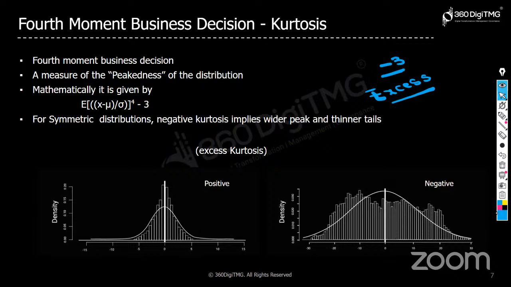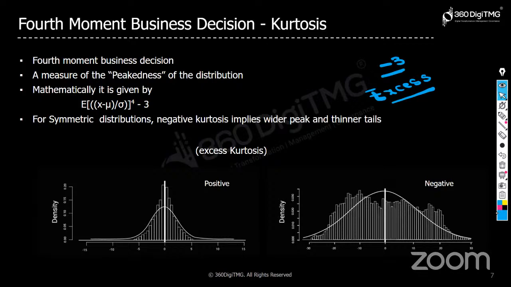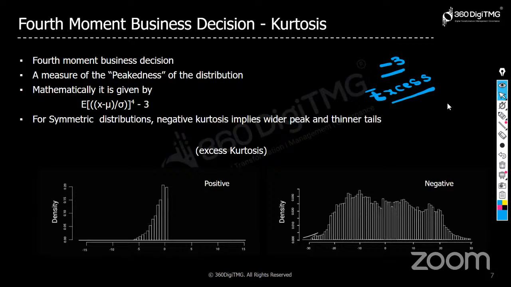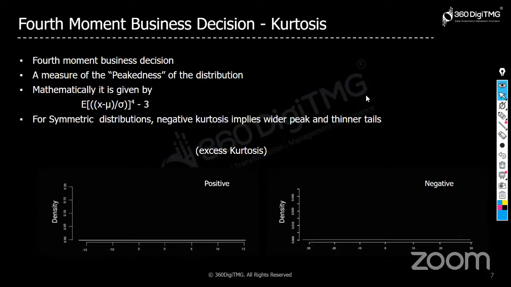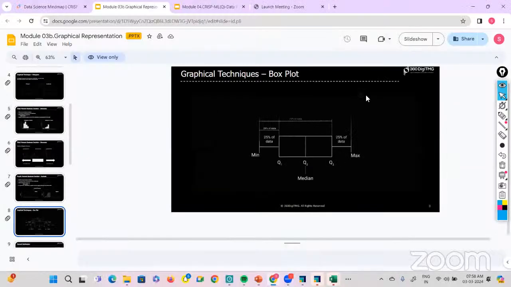And coming to kurtosis, how can you find out kurtosis in RapidMiner? We have already seen the extract operator before. Let me clear this one first. So before discussing box plot, let us see what is present in RapidMiner for kurtosis.